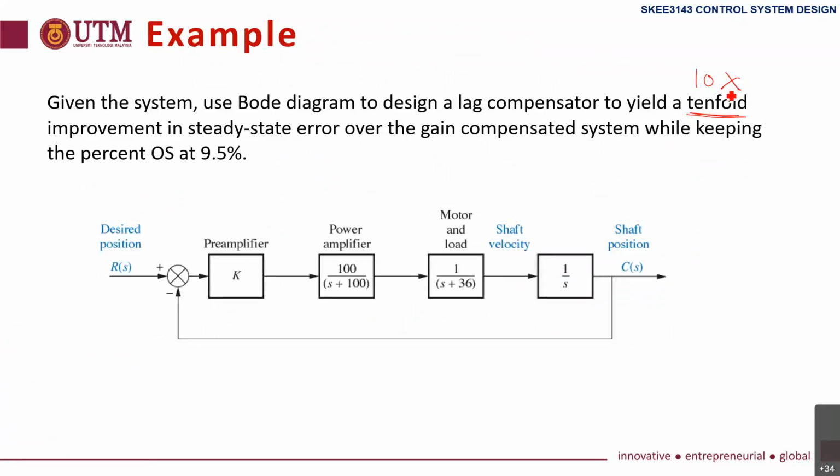Fold means times. A 10-fold improvement in the steady state error over the gain compensated system while keeping percent overshoot at 9.5%. So we want to improve the error but maintain percent overshoot at 9.5%.